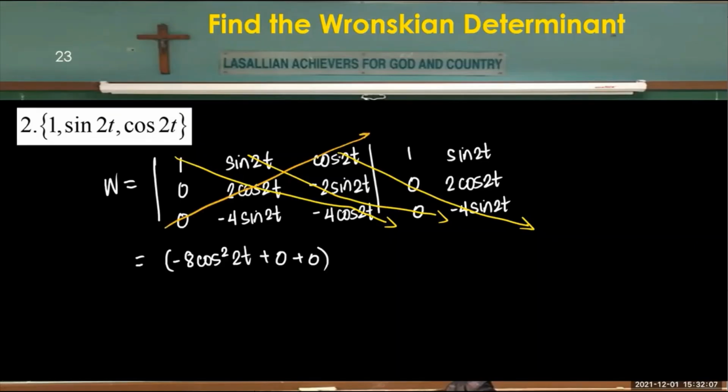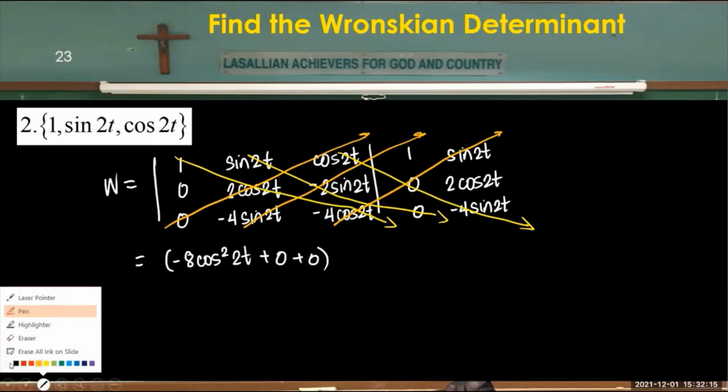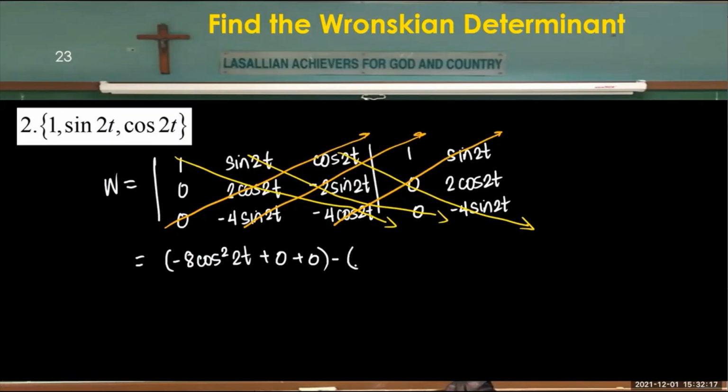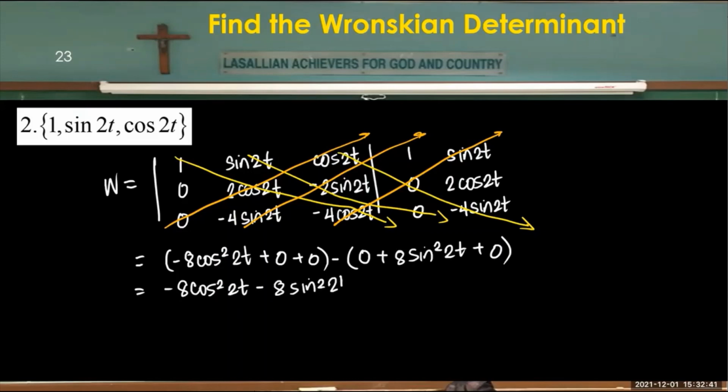Next, let's go to the secondaries. For the secondary, minus 0, plus 8 sine squared 2t plus 0. So in here, negative 8 cosine squared 2t minus 8 sine squared 2t.